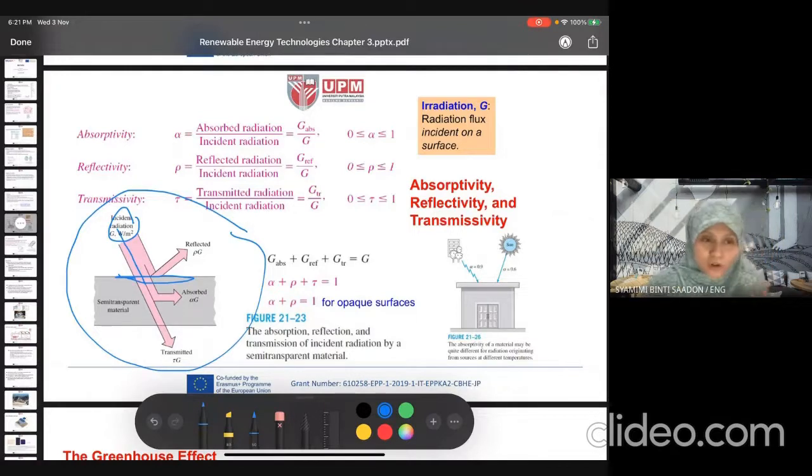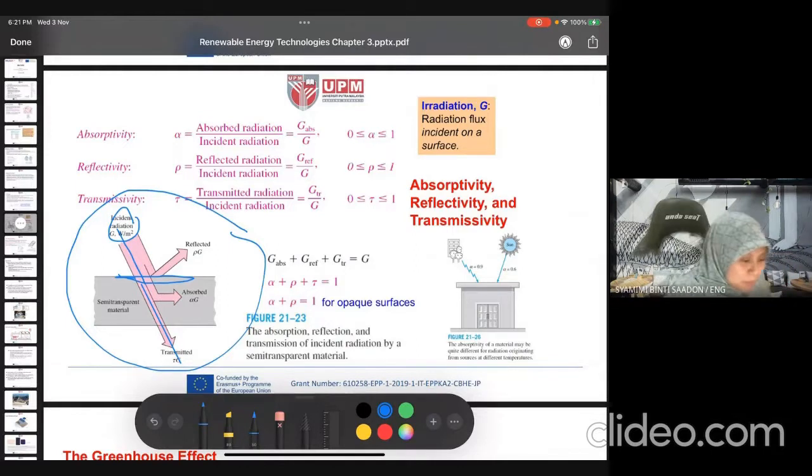But not all of the incident radiation will be transmitted to the opposite surface. For example, if we have a window in our room, not all of the incident radiation from the outside, from the ambient, is going to be transmitted inside our house.